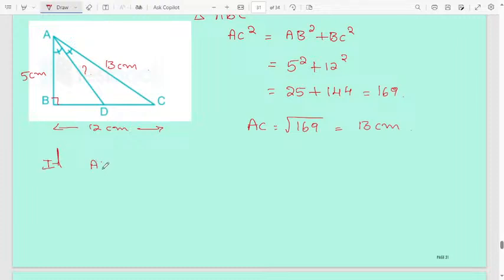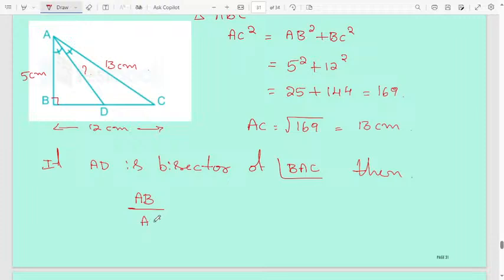If AD is the bisector of the angle BAC, this angle is bisected equally, then you can use the property here, not a formula, a property: AB divided by AC, the ratio of AB to AC is equal to BD divided by DC.